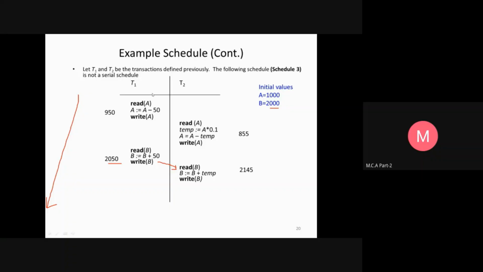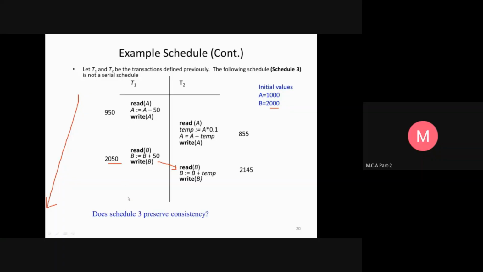So here we are reading all values of A from the initial database values itself and not any updated value of either A or B. So we are going to get consistency anyway. But nevertheless, it is good to check to see. So the sum of A plus B before the start of the schedule is the same as the sum of A plus B at the end of the schedule. Okay, so this is a consistent schedule and it is allowed in the database.